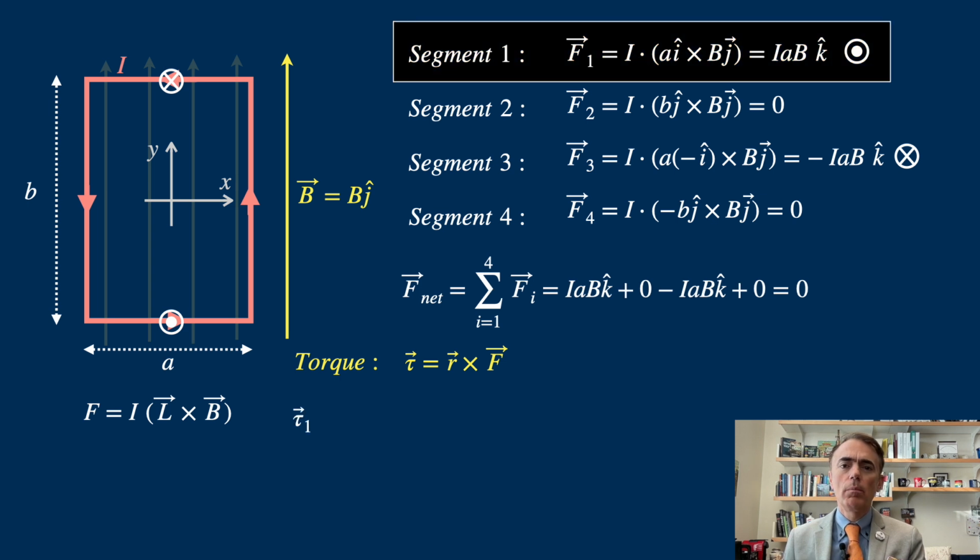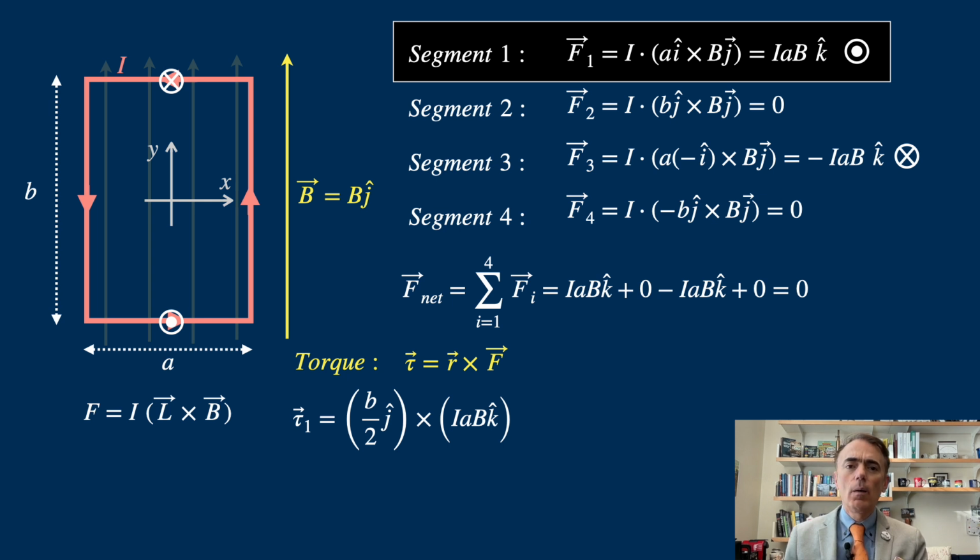So for the torque from F1, the force is F1, I a B k hat, acting at a distance of b over 2 from the center of the loop along the y-axis. The torque from F1 is given by tau1 equals b over 2 j hat cross product I a B k hat, and this product is I a B b over 2 in the minus i hat direction.